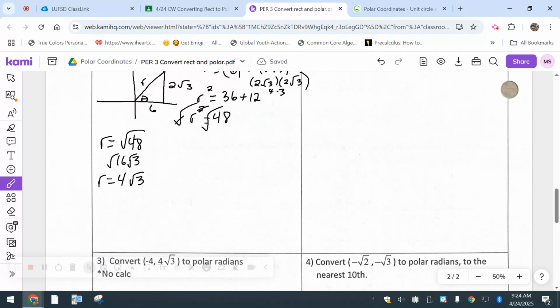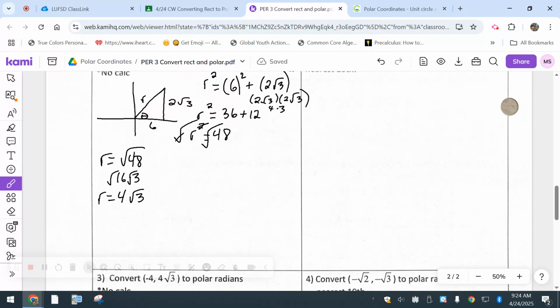All right, so are you guys okay with getting the R value, right? That's just you working through your Pythagorean theorem. Okay, now the tangent, you're going to do tan theta is y divided by x, right? Or opposite over adjacent.